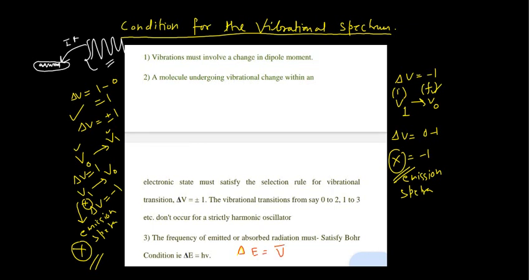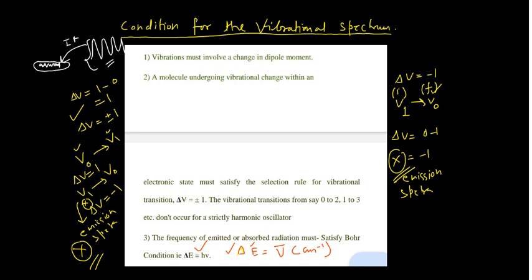Nu bar is the wave number, which is in centimeter inverse. So this is Bohr's condition, del E equals h nu, and this is also Bohr's condition, del E equals nu bar, because the most fundamental unit generally used in IR spectroscopy is the wave number. So you should remember this thing.